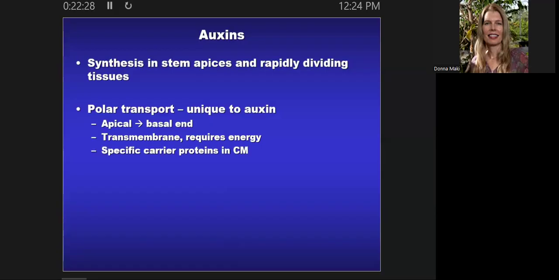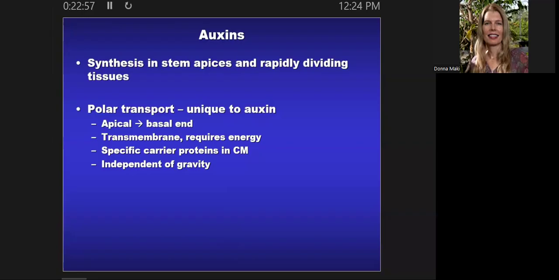And so we see that there's dedicated proteins that will allow for movement of the hormone through the cell membrane, because it can't just fit through the cell membrane by itself. It needs help. So it has special carrier proteins involved. And like I said, it's independent of gravity. If you hang that plant upside down, it's still going to move the hormone from the shoot tip, and move up the stem, because it's upside down, to the base.